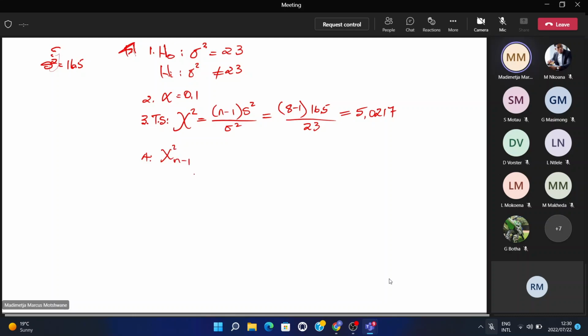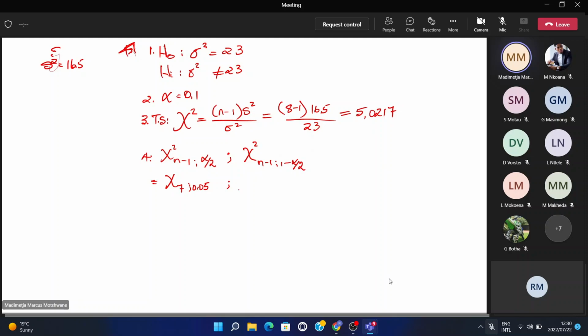Remember, the chi-square has n minus 1 degrees of freedom, but because it is two-sided, the lower side will be alpha on 2, against the upper side, chi-square n minus 1 and 1 minus alpha on 2. n is 8, so it is 7 here, and alpha on 2: alpha is 0.1 on 2, that becomes 0.05.